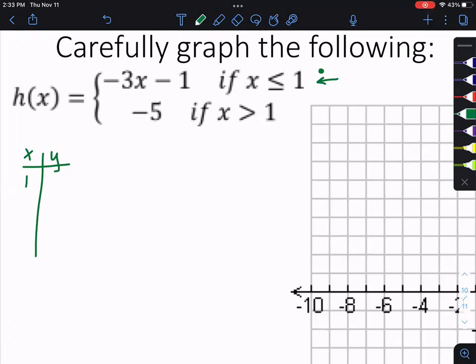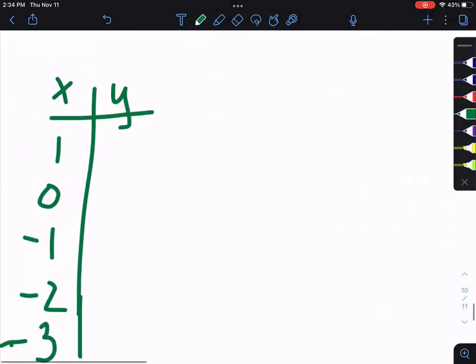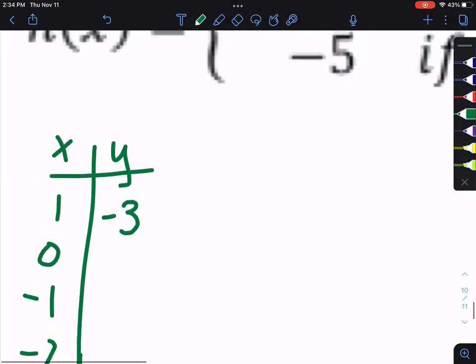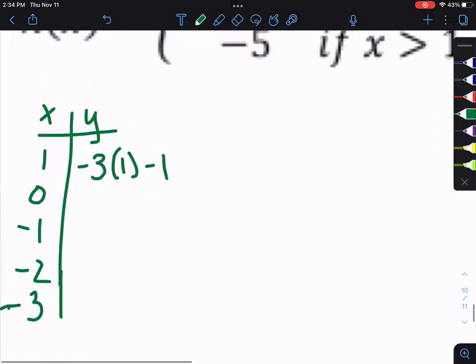So to the left of 1 would be 0, negative 1, negative 2. Let's just do negative 3. So we're going to take those 5 x values and plug them into the negative 3x minus 1. So negative 3 times x, which is 1, minus 1.